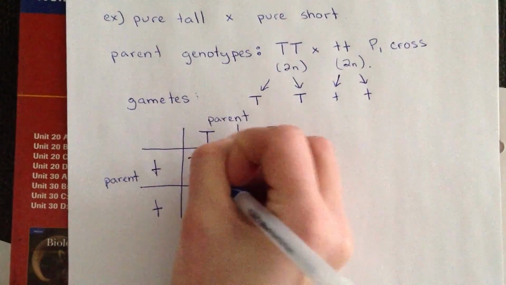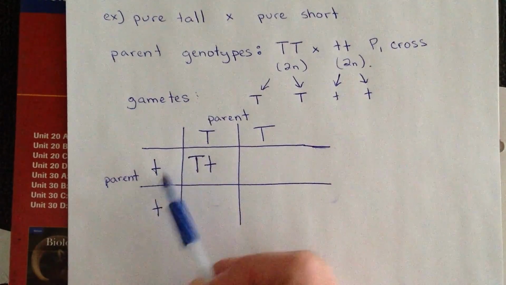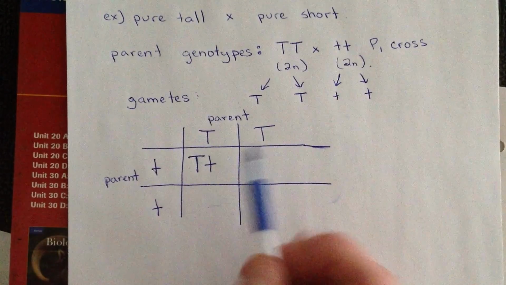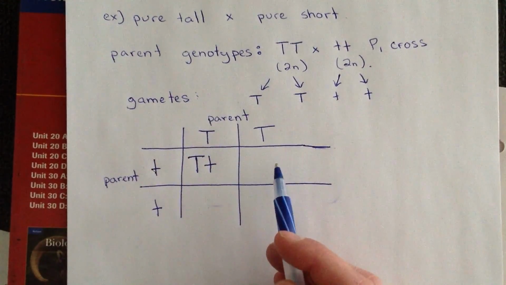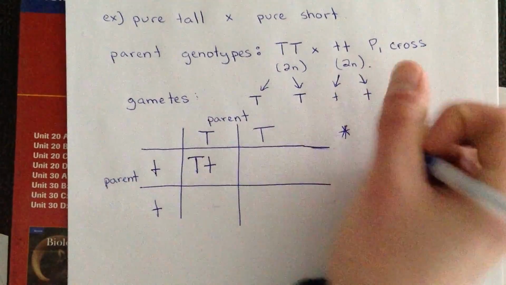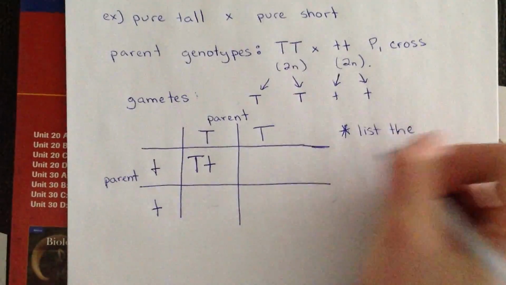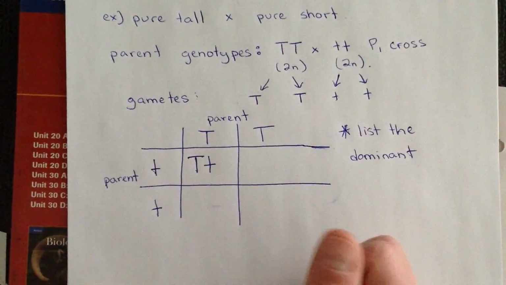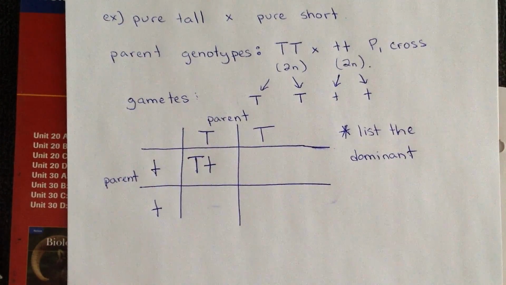A big T and a little t. You just combine the two as if you're multiplying them out. So this gamete and this gamete, if fertilization occurred, you're going to get a big T and a little t zygote baby. Now the other thing too, please, put this off to the side: list the dominant trait first, always. It drives me nuts when I see people with the recessive trait first and then they take that as the actual phenotype afterwards.